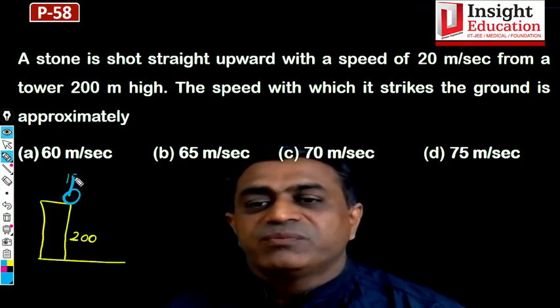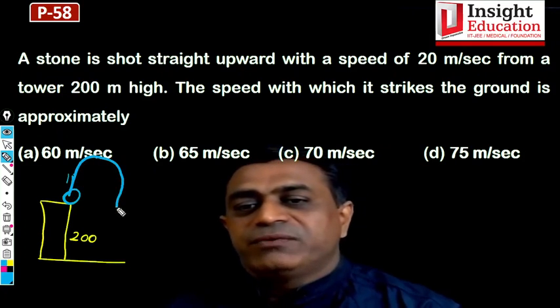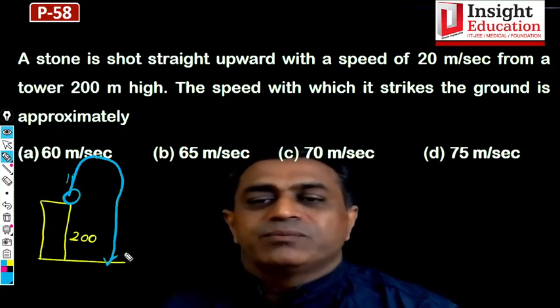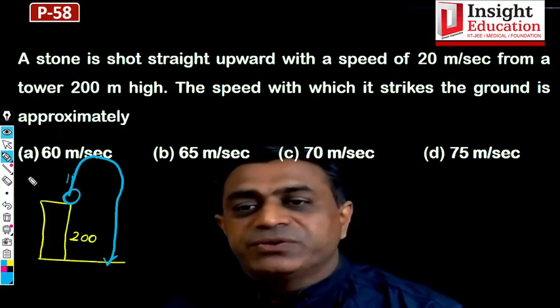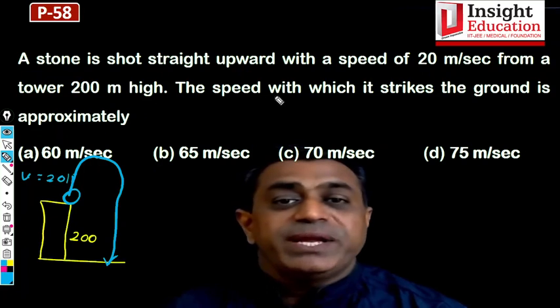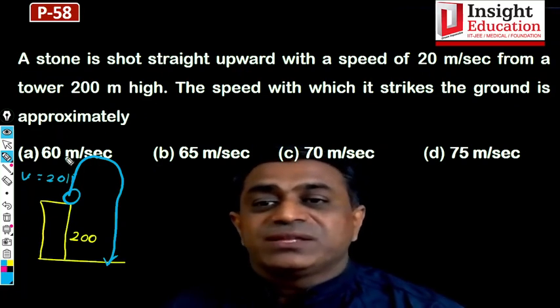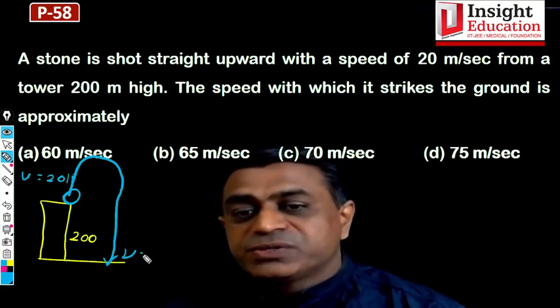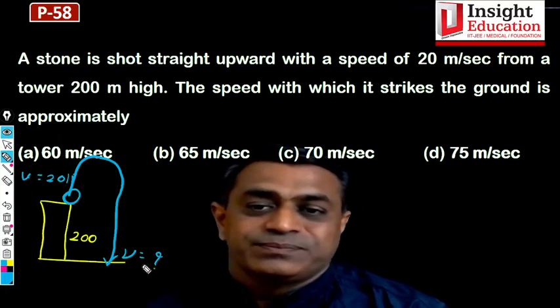So first the stone will move in the upward direction, then it will come down to the ground. The initial speed is 20 meter per second from the tower of height 200 meter. Find out the speed with which it strikes the ground.